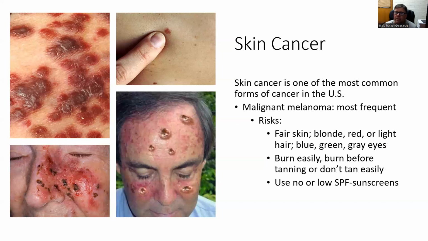Now, if you guys understand, the SPF 30 means that if you take two people and one person doesn't have any sunblock on and another person has SPF 30, then the SPF 30 person is going to take 30 minutes longer to have the same burn than the person without it. So it's just kind of a rating.